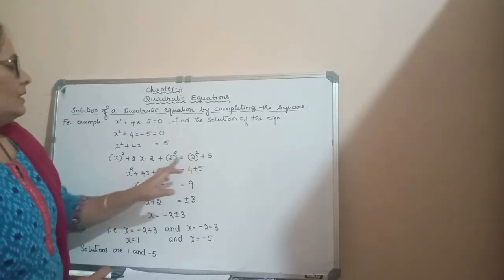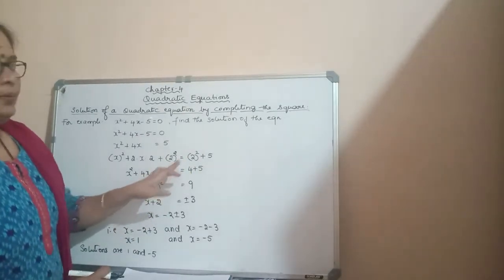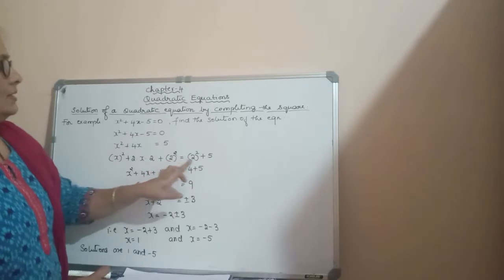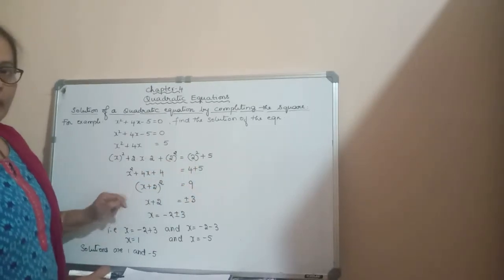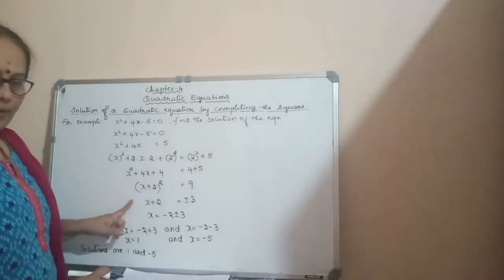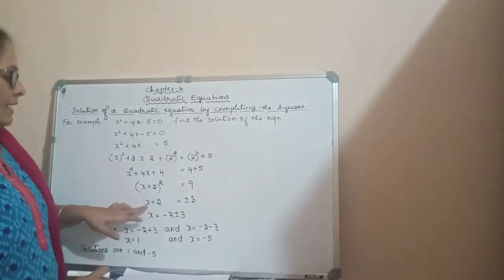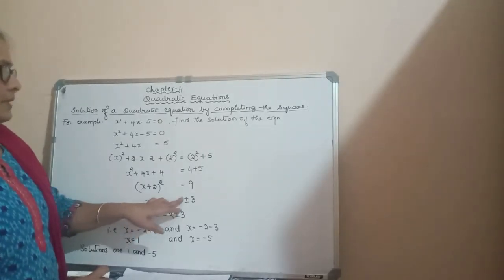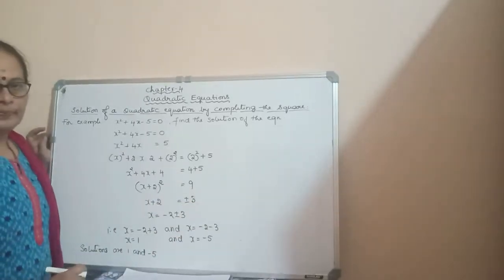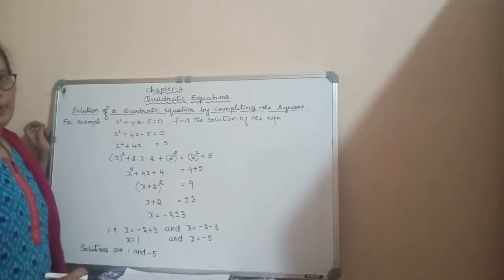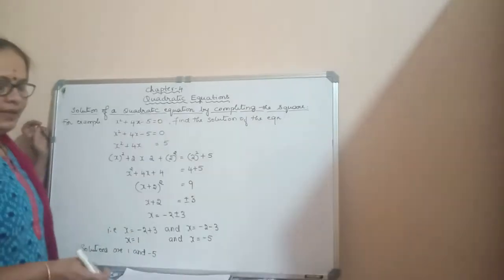So add 2 square on both sides of the equation, so that on the right side you will get 9. Now take the square root on both sides, then you will get x plus 2 equals plus or minus 3. Then find the x value or solution of the equation. Now we'll take one more example.